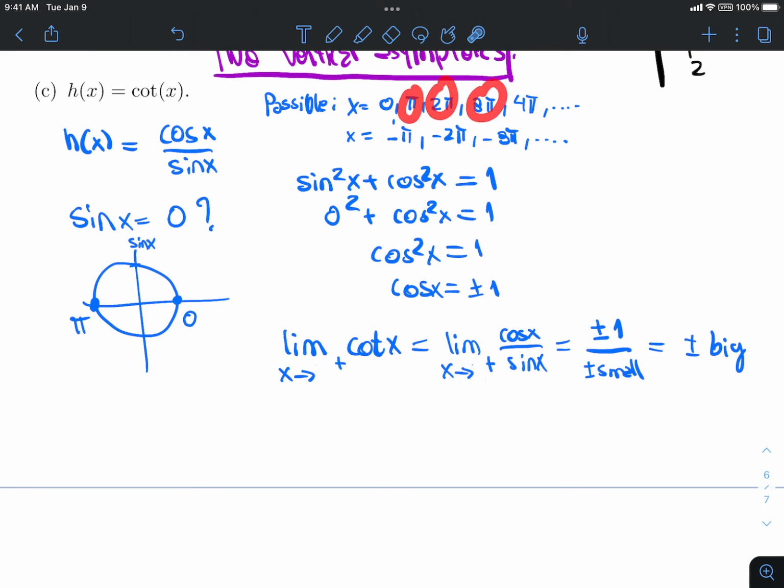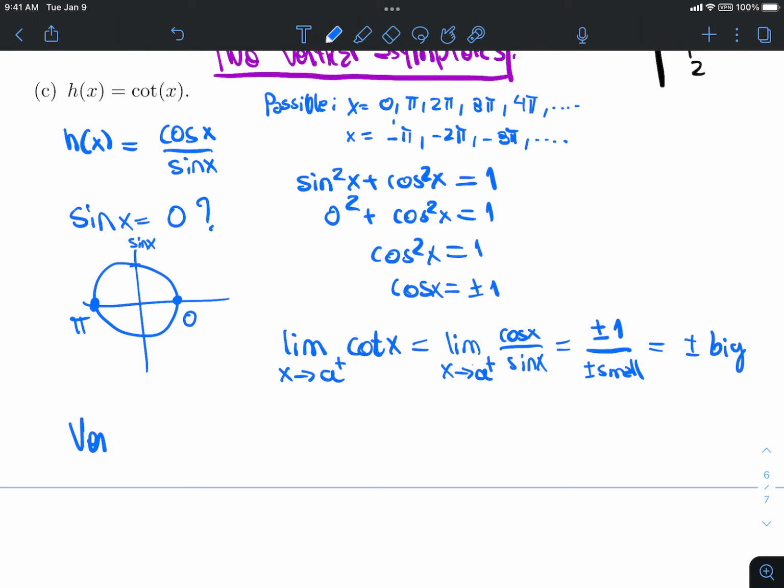For any of these values, the same thing will happen, because the sine will be 0, the cosine will be either 1 or minus 1. So we're going to have that for any A value. So asymptotes are all at multiples of pi.